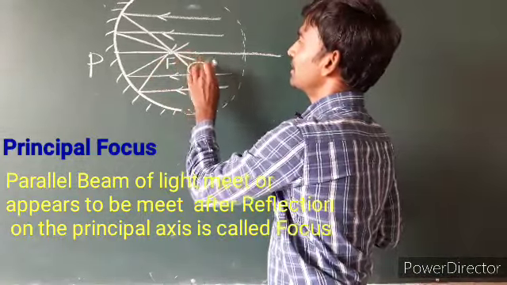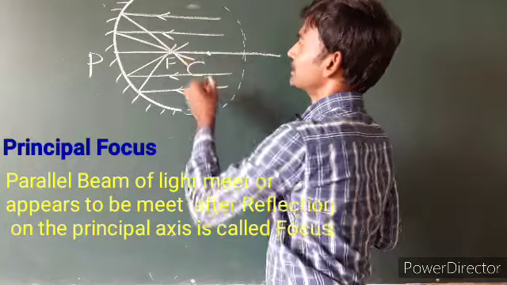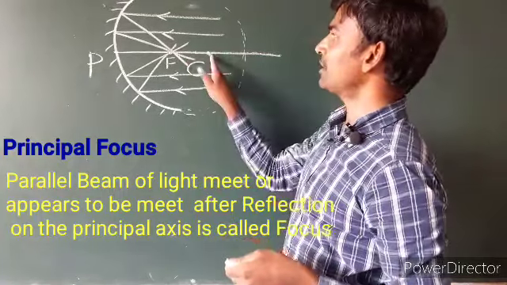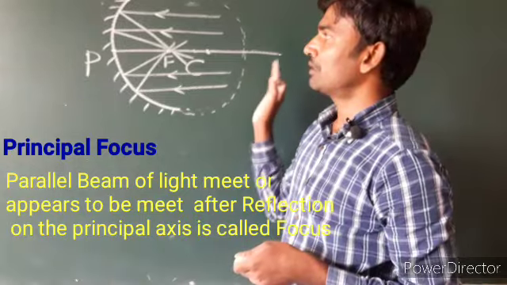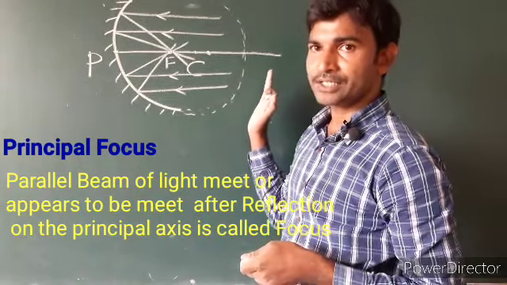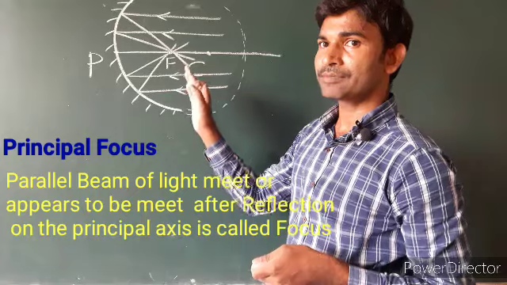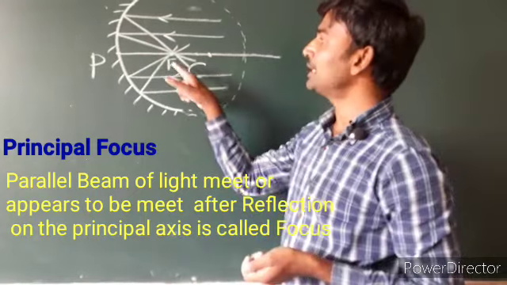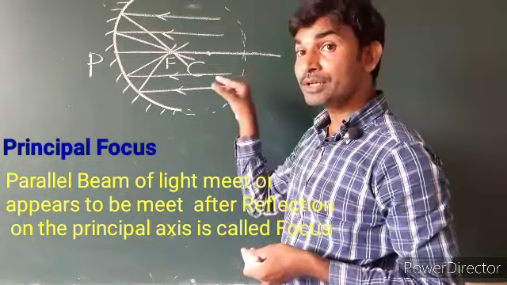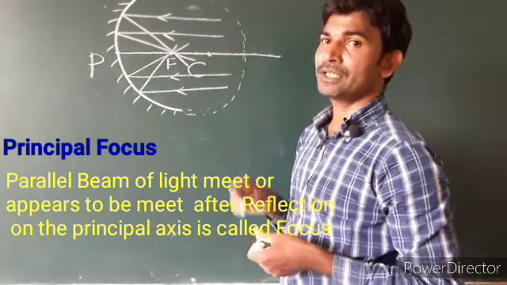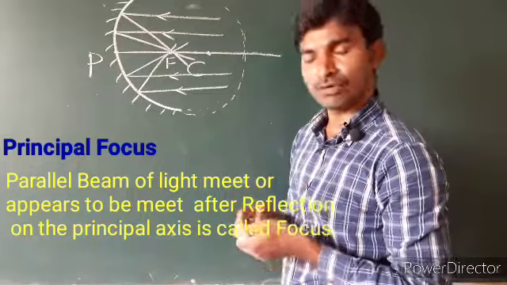When a parallel beam of light is incident on the mirror, all the light rays meet at a point, or appear to meet, and that point is called the principal focus.